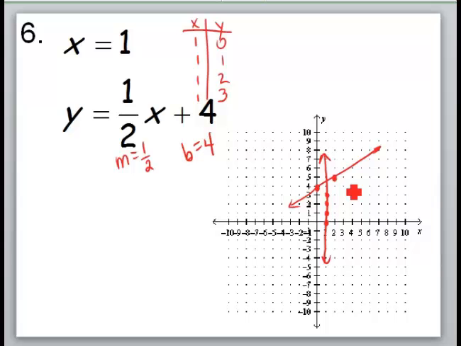I'm not typically going to give you problems like this for graphing. We'll deal with more of the fraction type answers with the other ways we're going to solve, because with graphing, it's hard to see otherwise. I can see that it's basically going between 4 and 5, so I'm going to say this intersection is (1, 4.5).